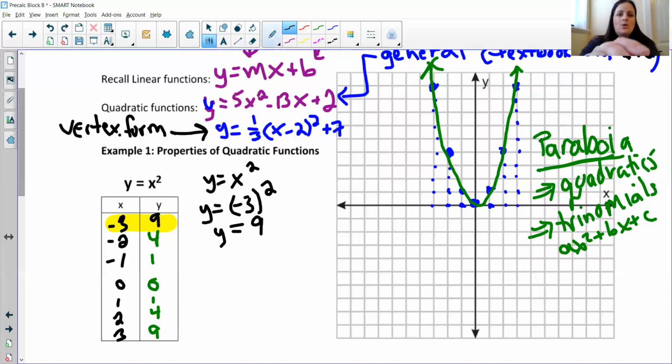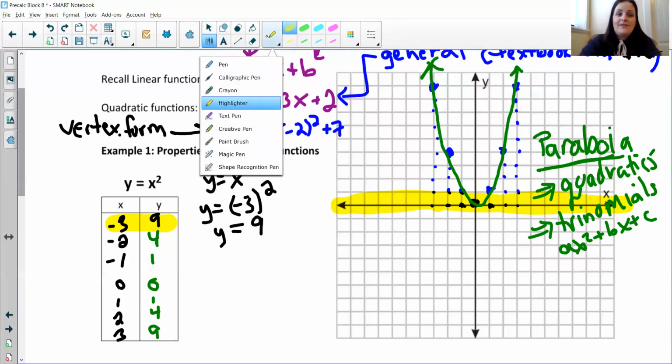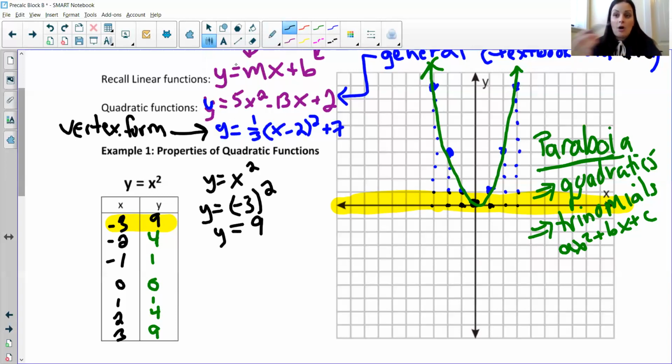Okay, so for domain and range, domain has to do with how many values along the x-axis are possible to find some value. Like if I picked -10, if I go up high enough or low enough, will I find a point on that parabola? And the answer is yes. All parabolas, unless there's some other sort of thing stated, have a domain of all real numbers.